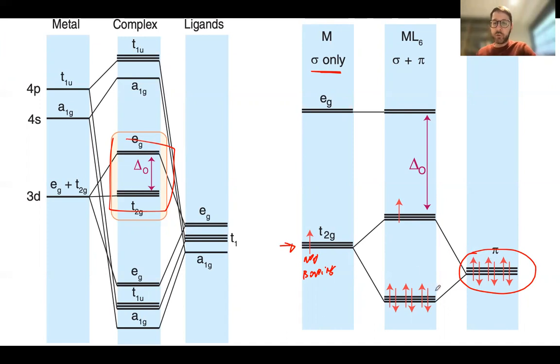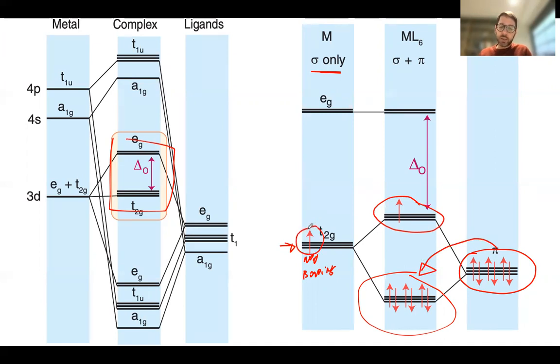They overlap, generating one bonding and one anti-bonding combination. The electrons provided by the ligands occupy the bonding combination, and the electrons supplied by the metal occupy the anti-bonding molecular orbital. The net effect is that the ligand field splitting in the presence of pi interactions is decreased relative to the ligand field splitting in the absence of pi interactions.